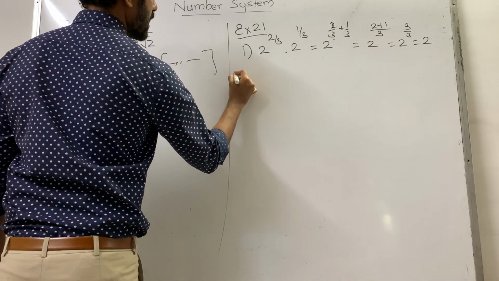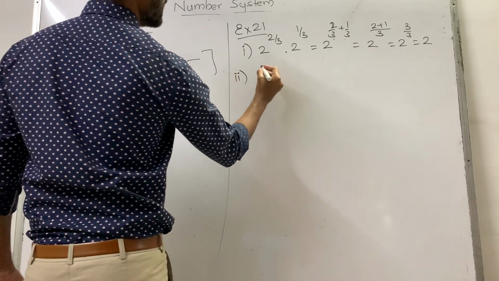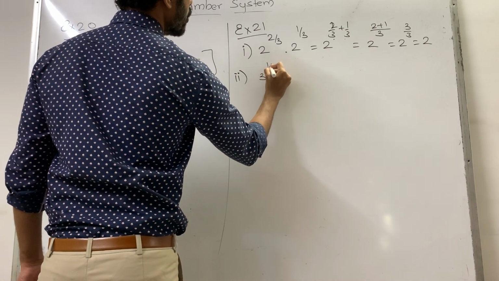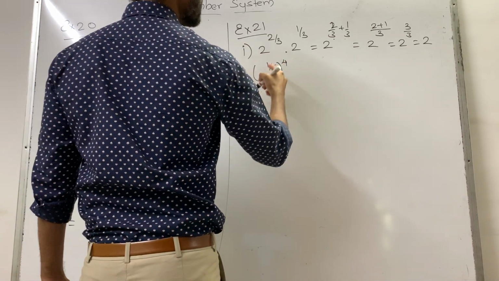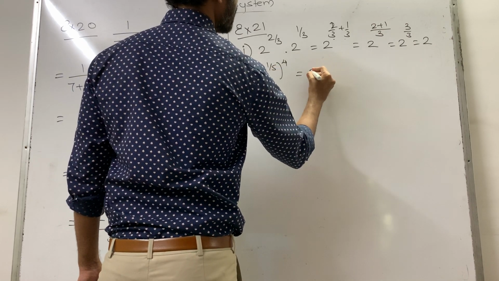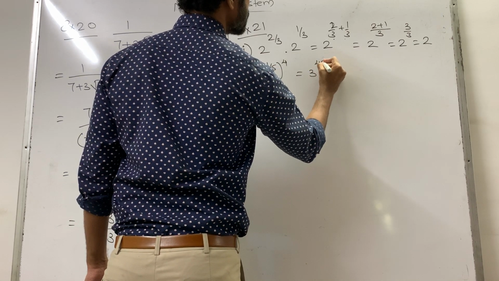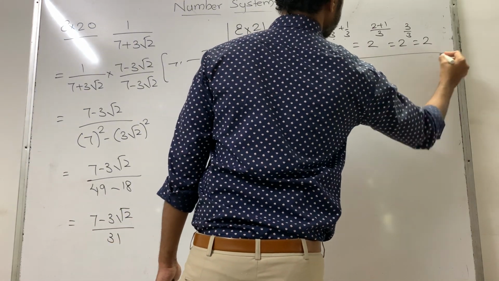This was first sum. In the second sum, they have given us 3 raised to 1 by 5 whole raised to 4. If there is a bracket sign, you straight away multiply 1 by 5 and 4. So this will become 3 raised to 4 by 5. Always remember this concept.